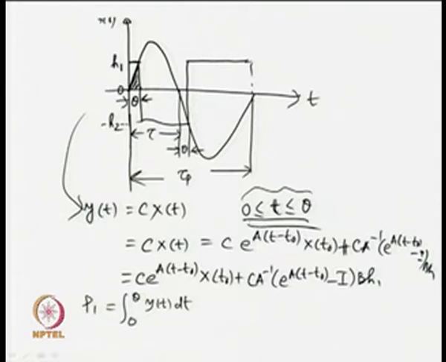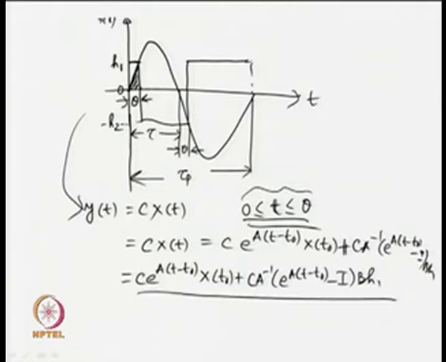Yes, I will find the area later on. Let me find the state value output for different segments initially, then we will start finding the area later on. Then for this time range, we have got the state expression as this one, which is multiplied with C to give the output y(t).